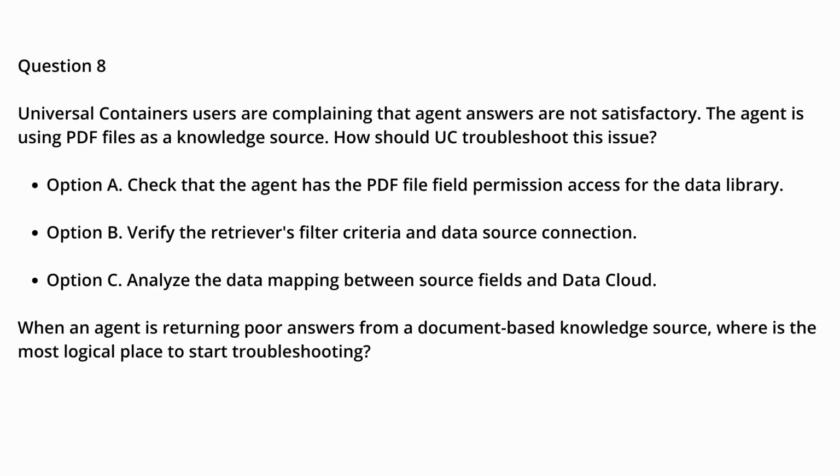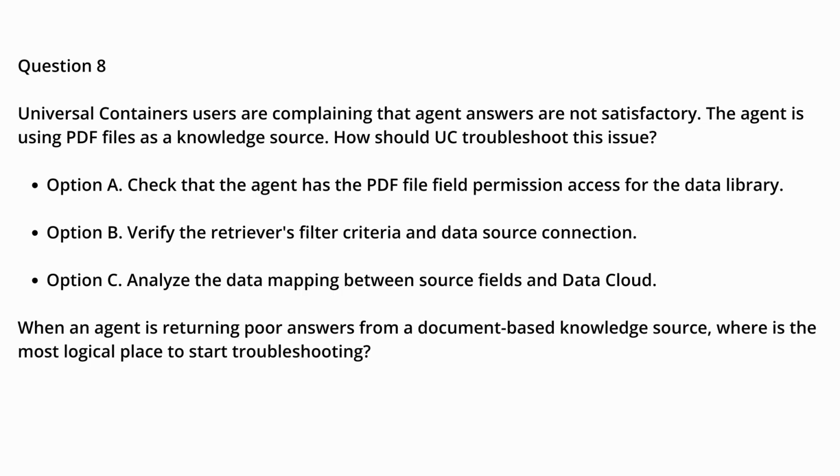Question 8. Universal Containers users are complaining that agent answers are not satisfactory. The agent is using PDF files as a knowledge source. How should UC troubleshoot this issue? Option A. Check that the agent has the PDF file field permission access for the data library.